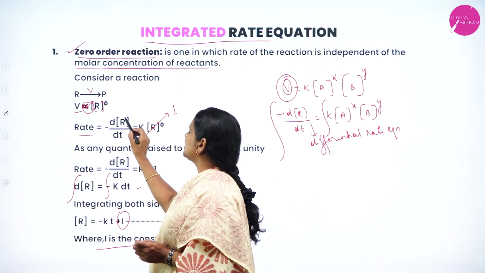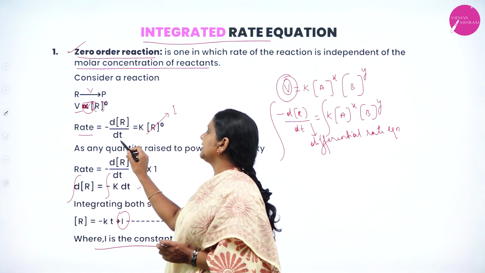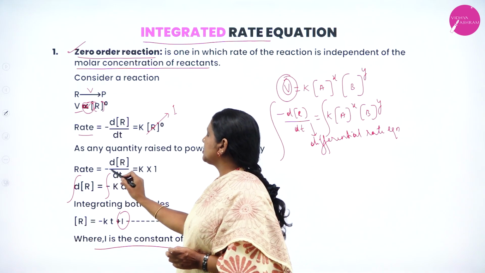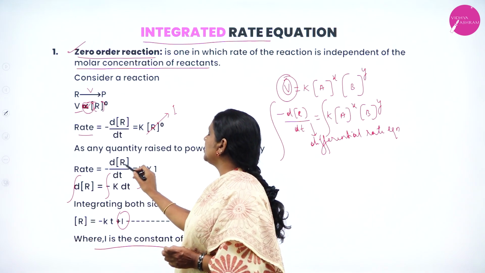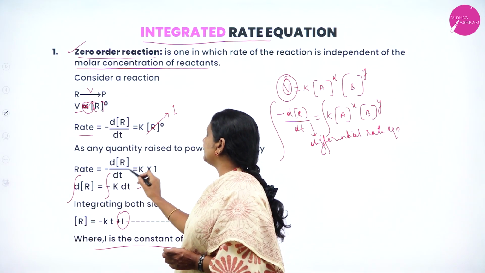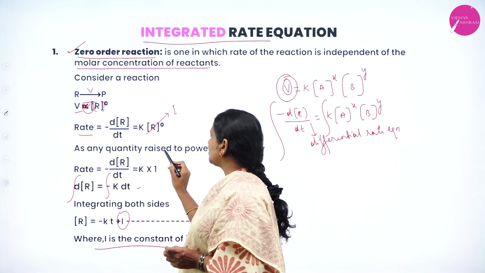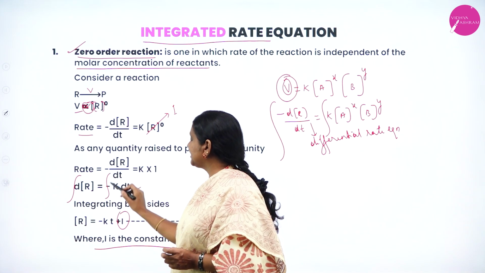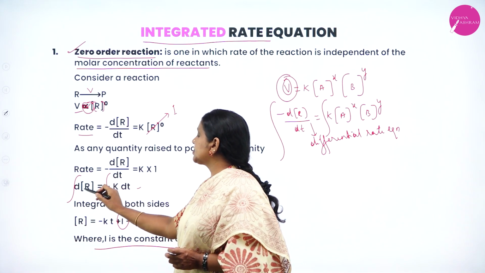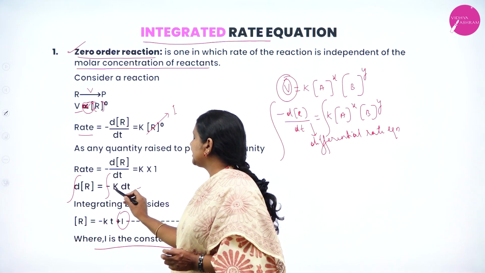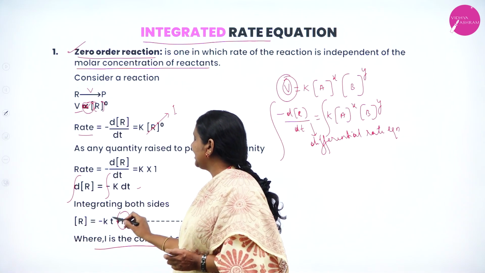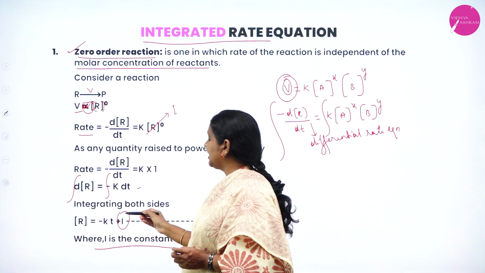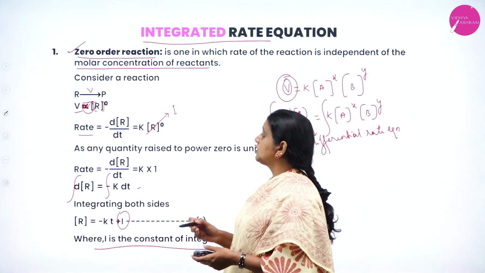Rate is minus d of molar concentration of R divided by dt is equal to K into 1. Take negative sign to RHS and integrating the above expression. Integration of dR is R, integration of K is constant K, so dt is t plus I. I is integration constant.